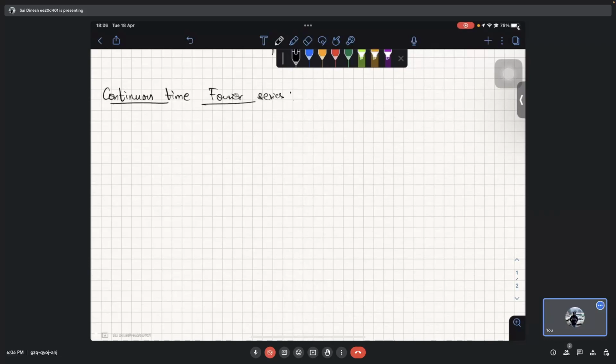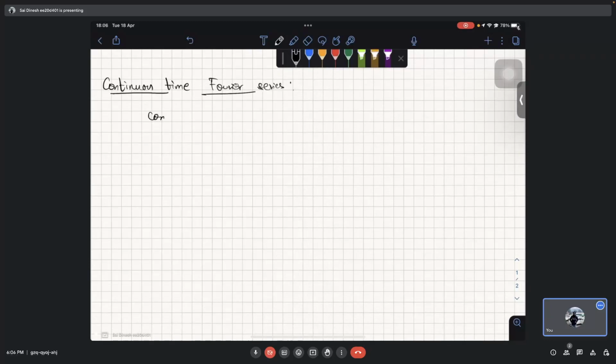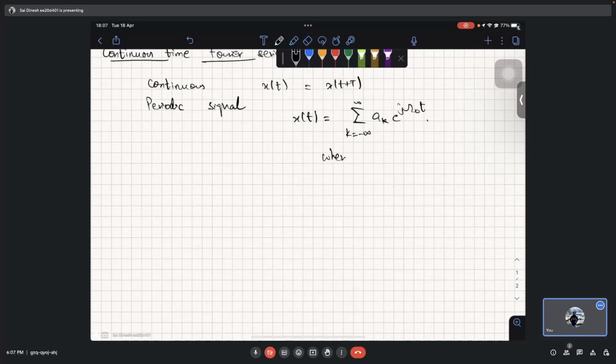In this case we have a continuous and periodic signal x of t, which is also equal to x of t plus T, where the time period is T. This x of t can be represented as a summation of complex sinusoids, k equal to minus infinity to infinity a k e power j omega naught k t, where the coefficient a k is 1 by T times the integral from minus T by 2 to T by 2 of x of t e power minus j omega naught k t dt.